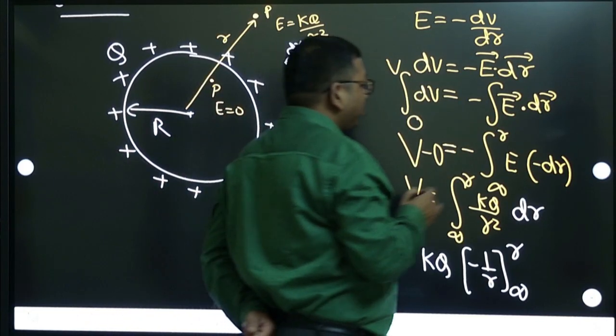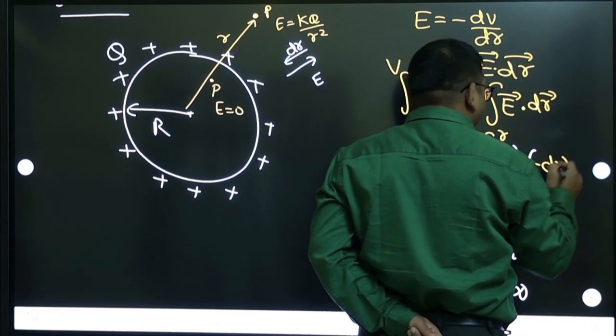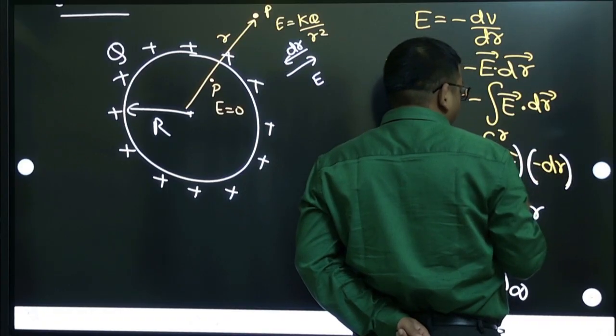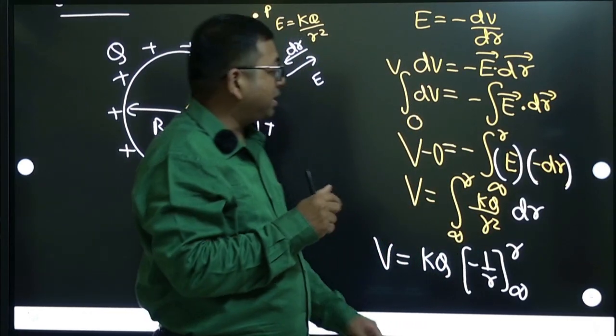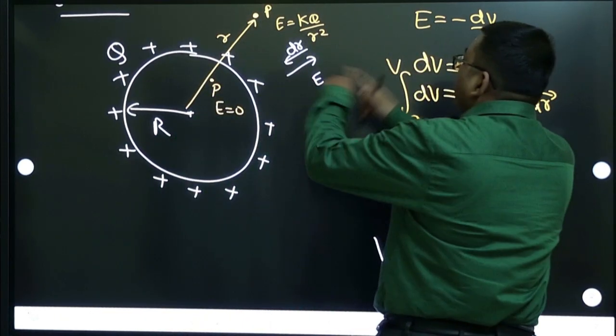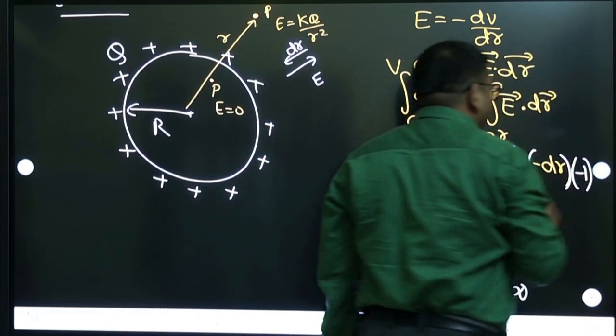Oh, I think we have to remember this is a dot product. This is the magnitude of dr, which we write as minus dr, because dr itself is negative. Also, because they are at 180 degrees, cos 180 degrees gives us minus 1.